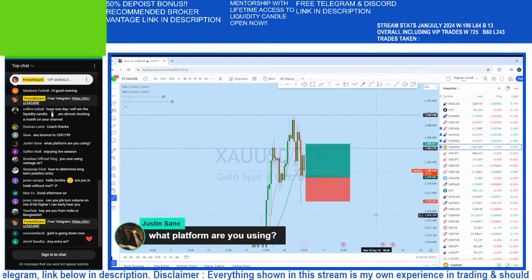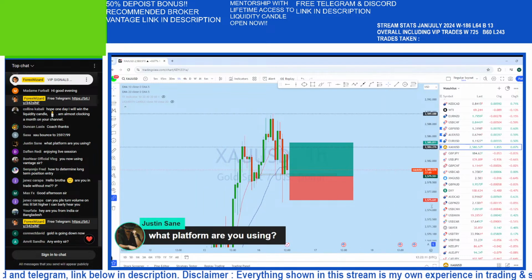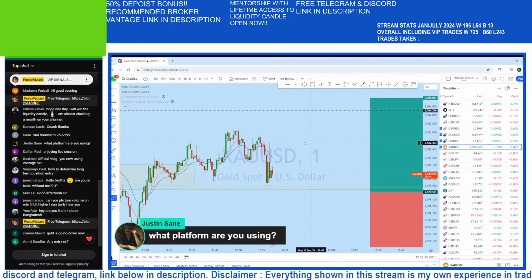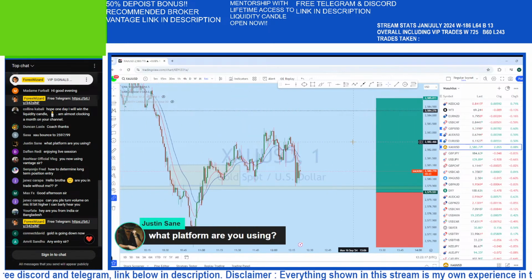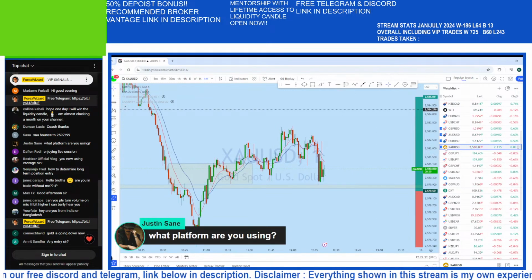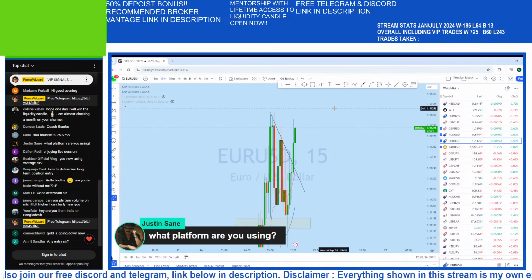So you can see again another drop almost near to the support level. So euro dollar is bouncing back to the upside.